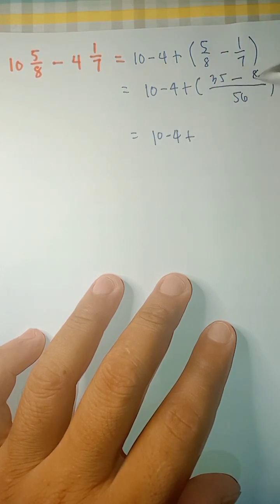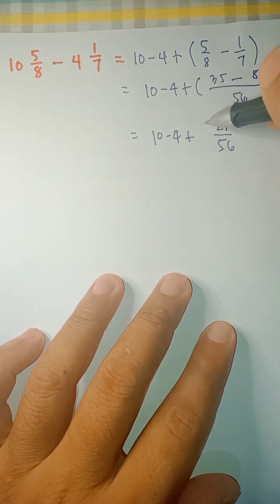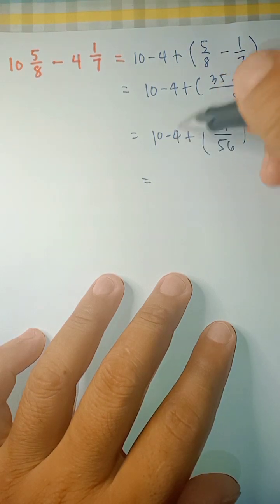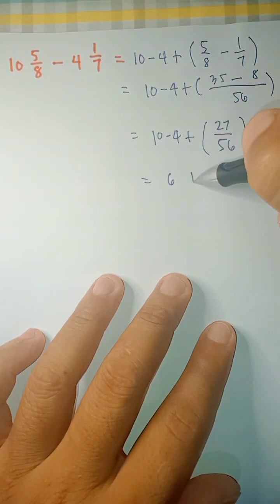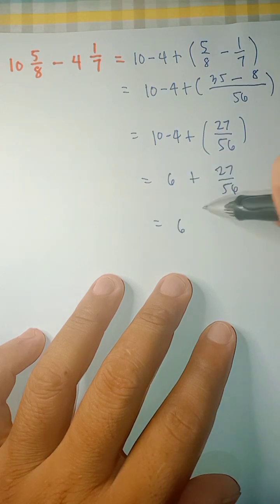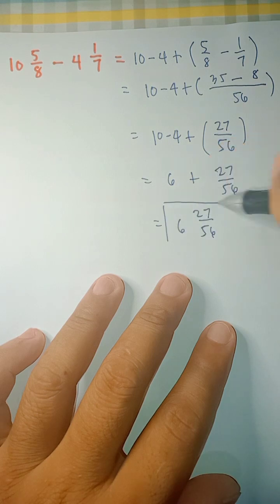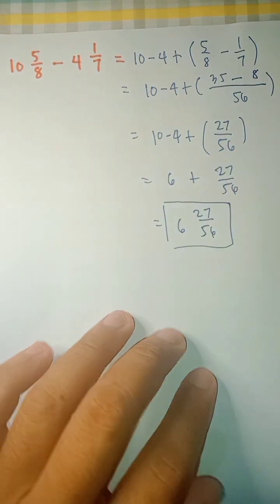Now, 35 minus 8 is 27 over 56. 10 minus 4 is just 6, then plus 27 over 56. Now 6 plus 27 over 56 is just 6 and 27 over 56. So this is our answer.